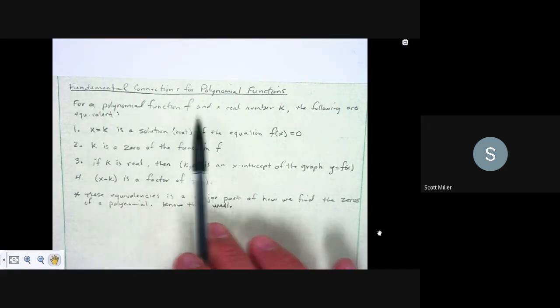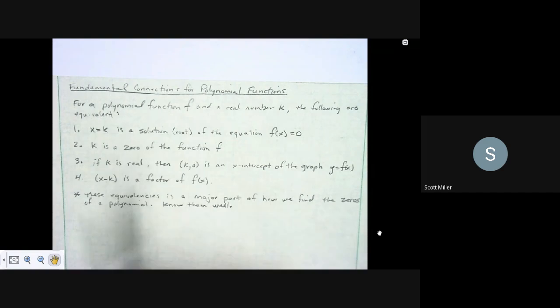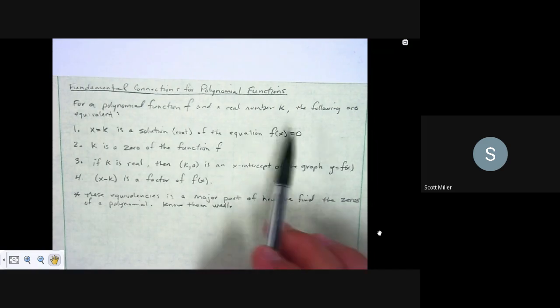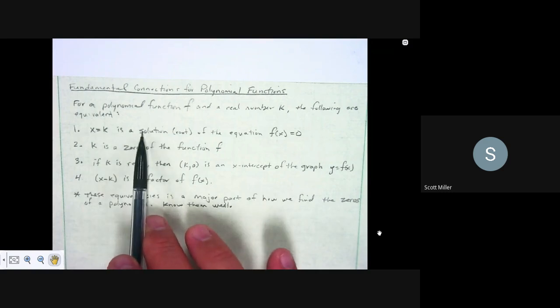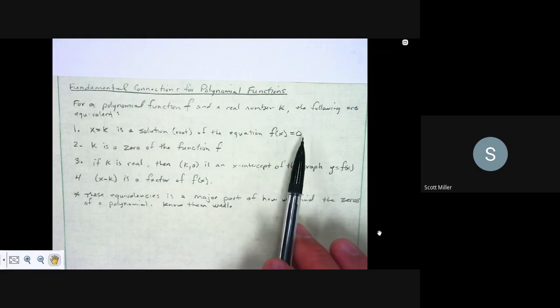If I have a polynomial function f and a real number k, the following are equivalent. That means they lead into each other. You're talking about the same thing from a different point of view. So if I say x equals k, and I tell you that's a solution of the equation f(x) equals 0, then I've also told you that k is a 0 of that function.